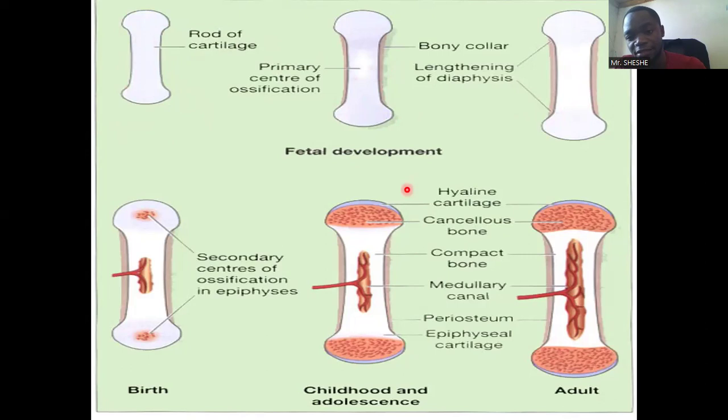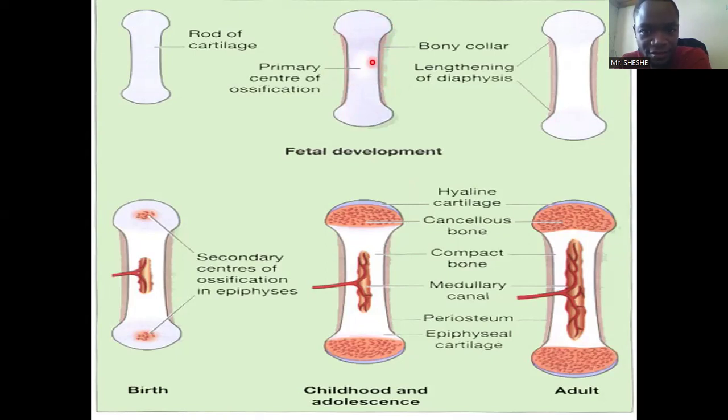So what happens to this cartilage for it to be transformed into bone? I explained that the collar appears at 8 weeks. We call this the bone collar. Now, this collar is tough connective tissue, or dense connective tissue. It seals off around the diaphysis.